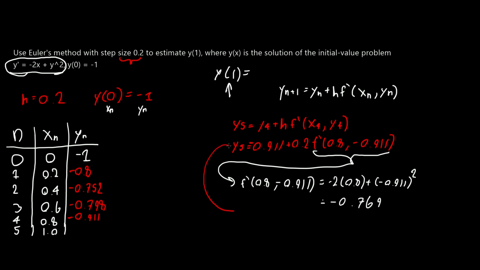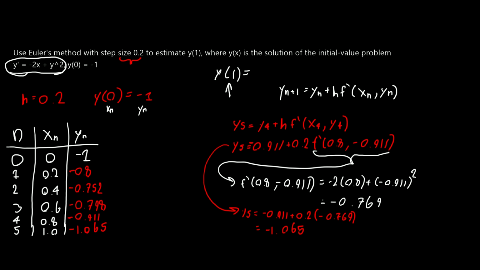And then back to Euler's, we're going to have y sub 5 equaling negative 0.911 plus 0.2 multiplied by negative 0.769. And then that'll equal negative 1.065. So we can go ahead and write that down right over here, negative 1.065.